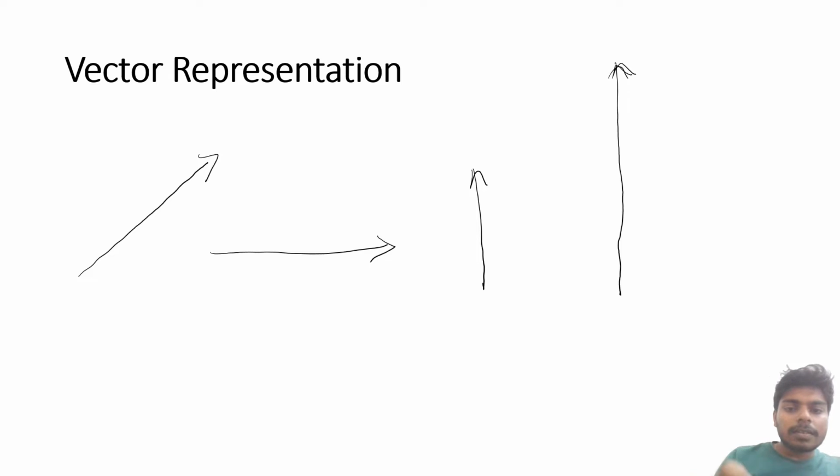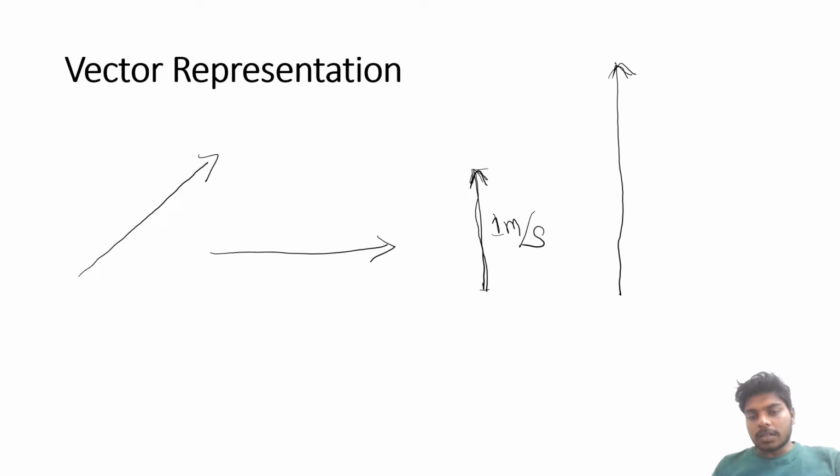If we say this unit vector is 1 meter per second, the arrow is showing the direction of the vector, and the length of this arrow is the magnitude of this vector.